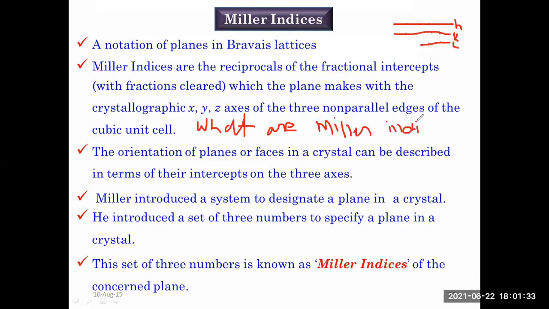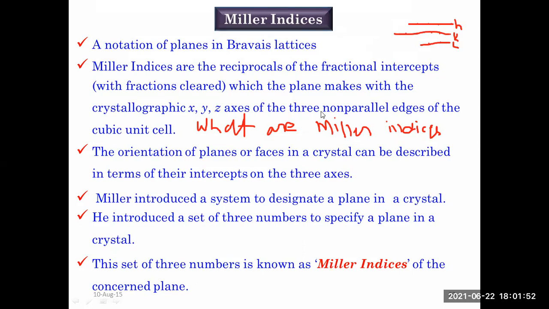This will be an important question of the mid one examination.